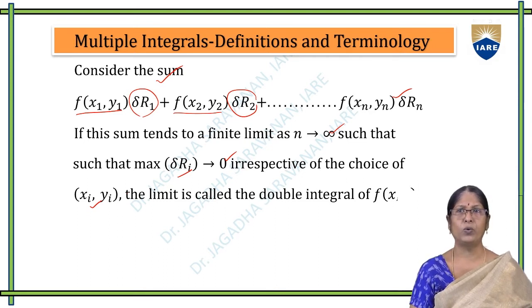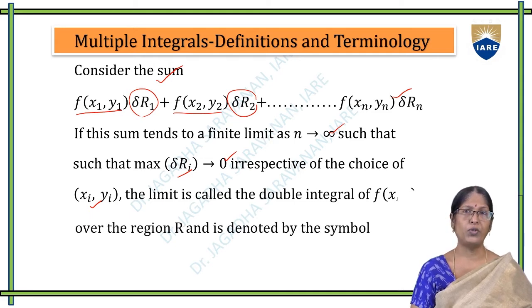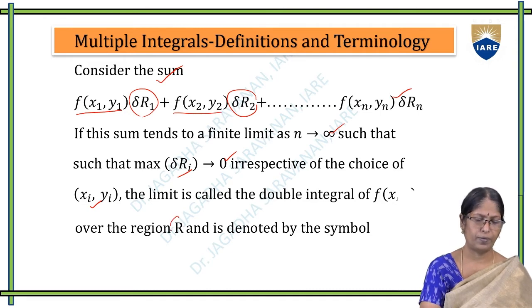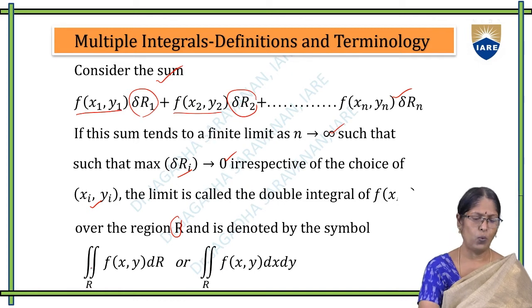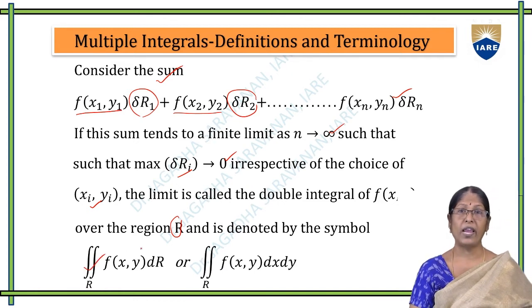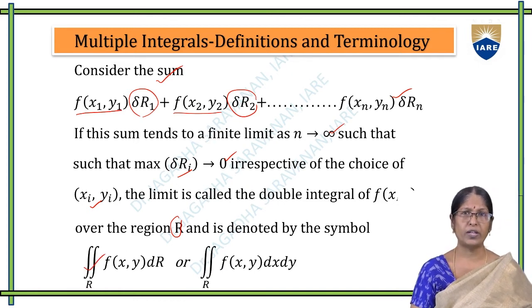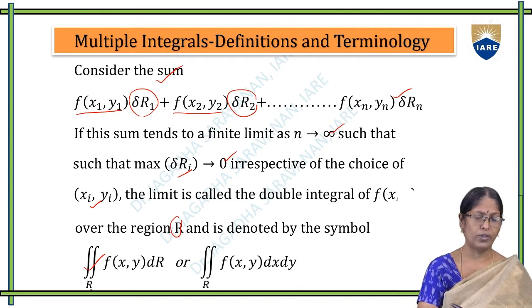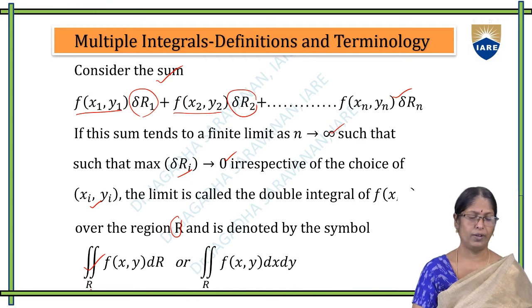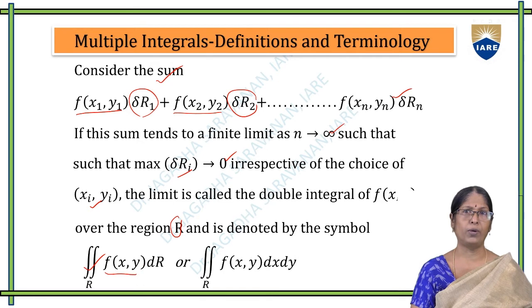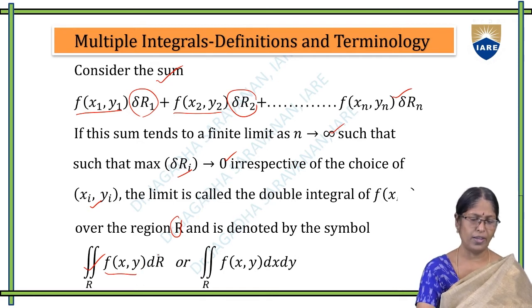Then the limit is called the double integral of f of x comma y over the region R, and is denoted by the symbol we can see here: two integrals over the capital R, which denotes the region, and f defined in terms of the variables x comma y, dR.